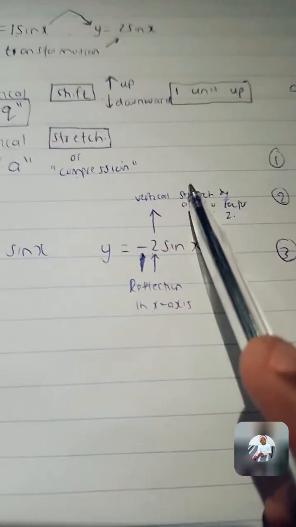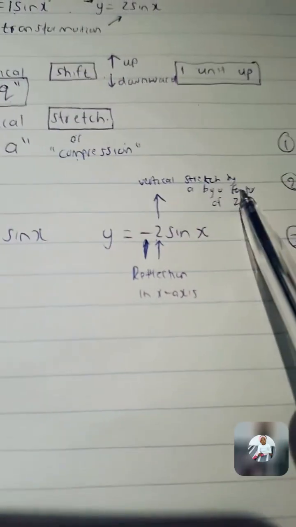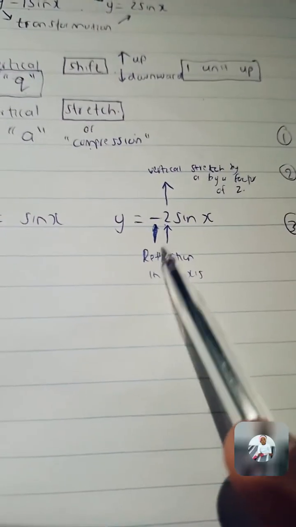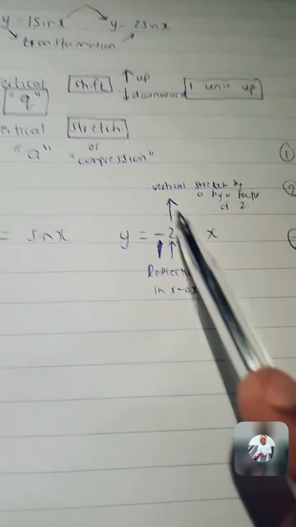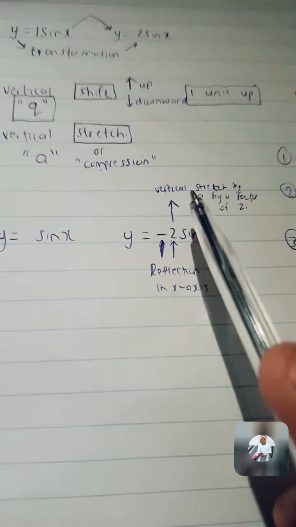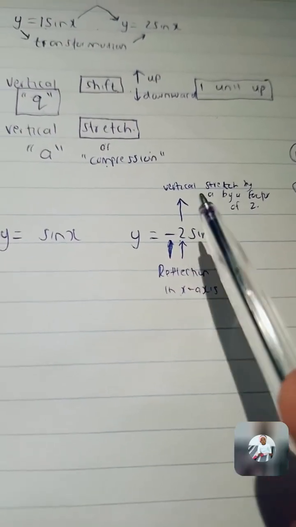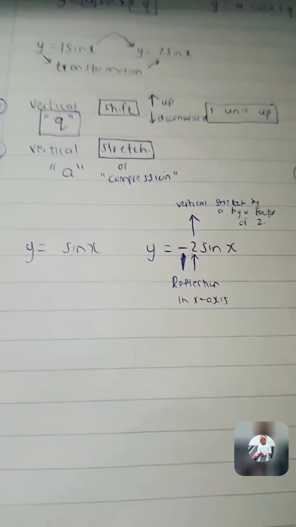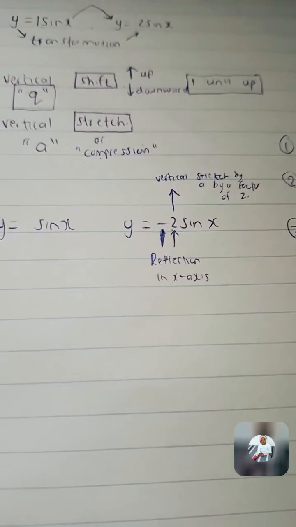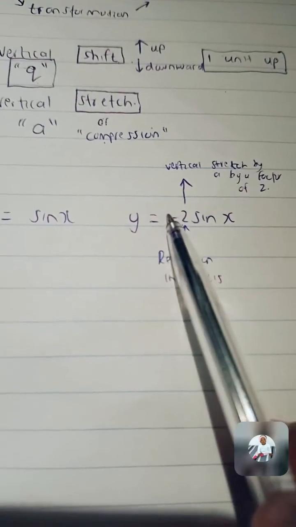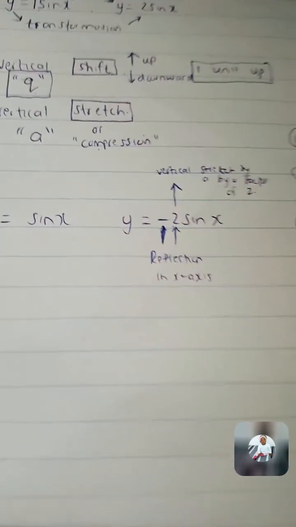Or you could say it vertically stretched by a factor of 2, then it reflected in the x-axis. Both orders will be fine, because of the relationship of multiplication that exists between the negative, the 2, and the sine x.